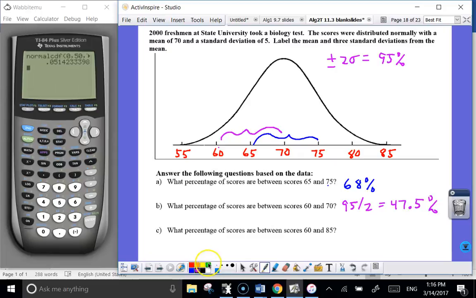Okay, change colors again. What percent of the scores are between 60 and 85? So from 60 to 85. How could we come up with that?